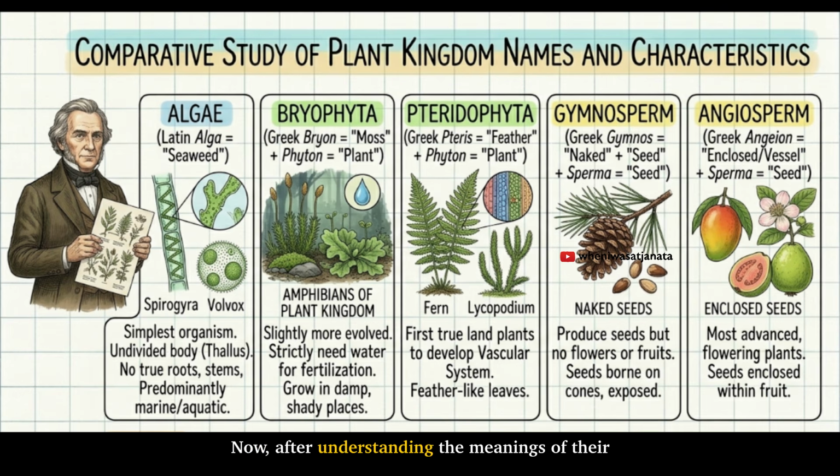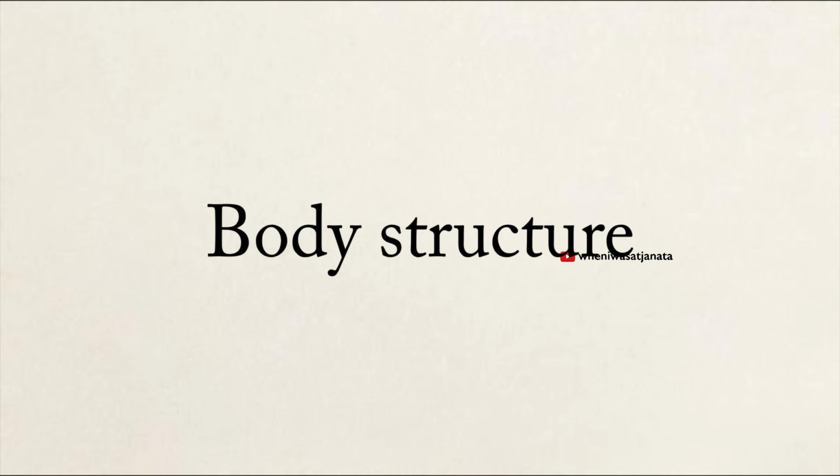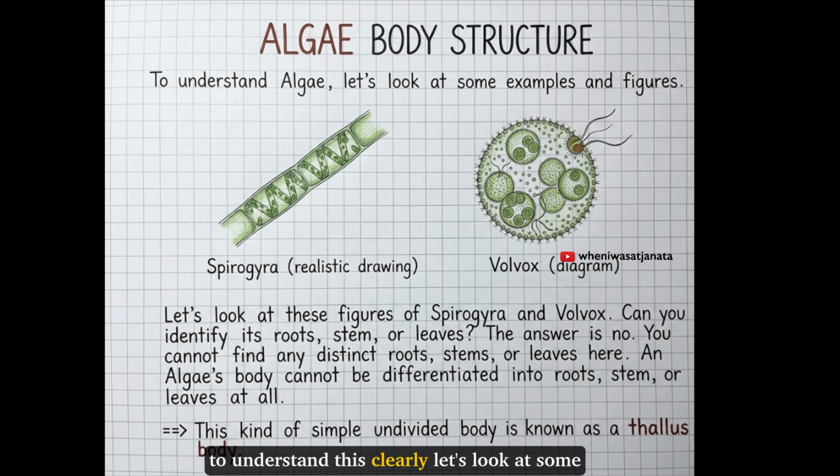Now, after understanding the meanings of their names, let's talk about their body structure. To understand this clearly, let's look at some examples and figures. 1. Algae. Let's look at this figure of Spirogyra.